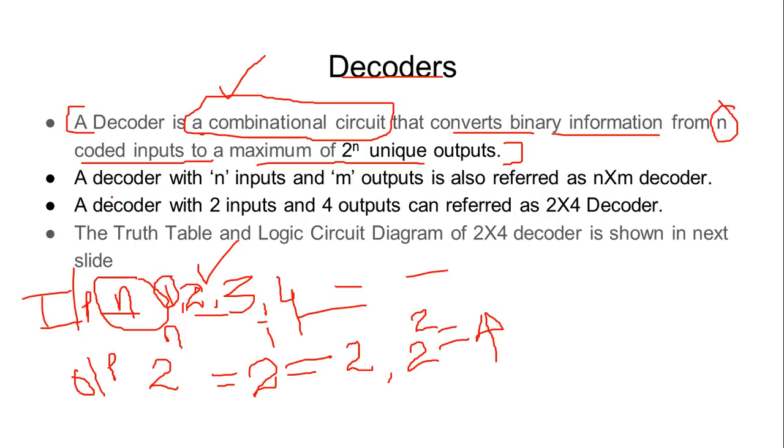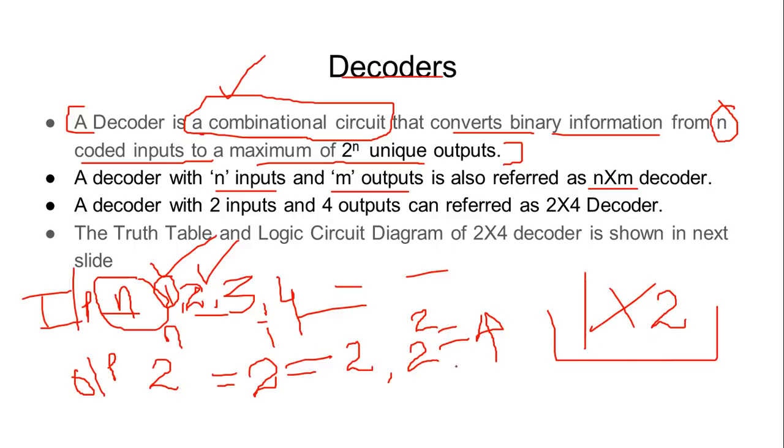In the following points I have described it: a decoder with n inputs and m outputs is also referred to as an n cross m decoder. If a decoder consists of one input and I am able to get two output values, then I could say the size of the decoder is 1 cross 2.